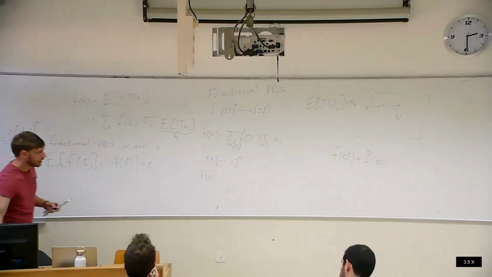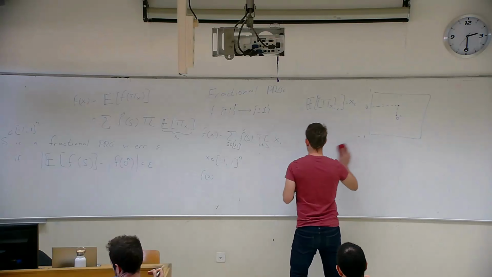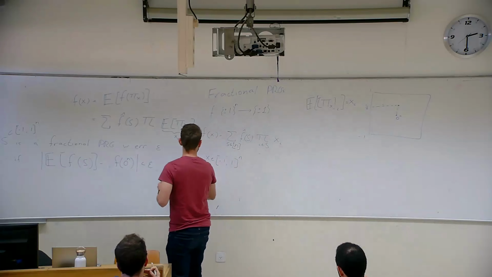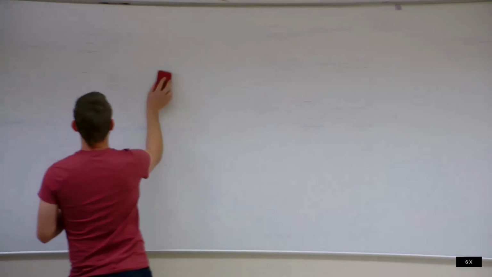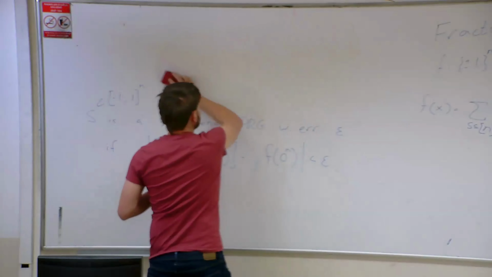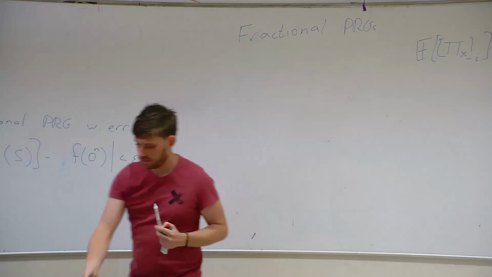So what's the condition? It's called noticeability. The condition says that we need to have some variance in each coordinate.